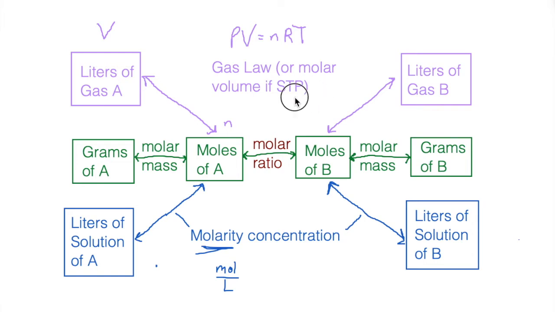If you are at STP, standard temperature and pressure, then 1 mole of gas would be 22.4 liters. So that would be the relationship between the number of moles and the volume if you are at STP. And so one of those two equations can be used to convert between moles of substance and liters of substance if it is a gas.